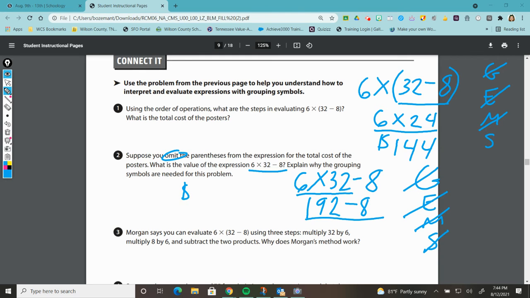Take a minute to pause the video and find what the difference between 192 and 8 would be. You would get 184. So looking at this, the only thing we did was take the grouping symbols away, the parentheses.